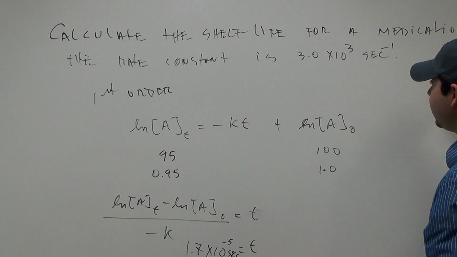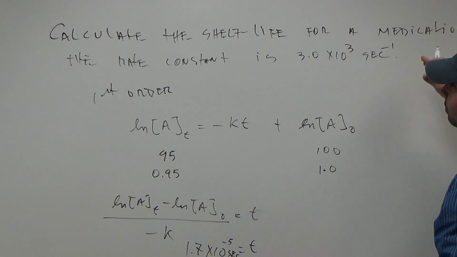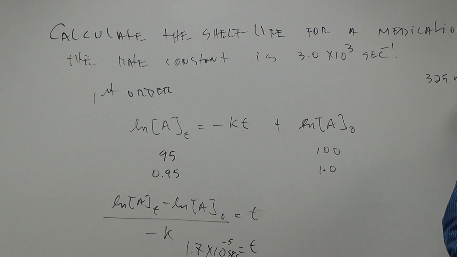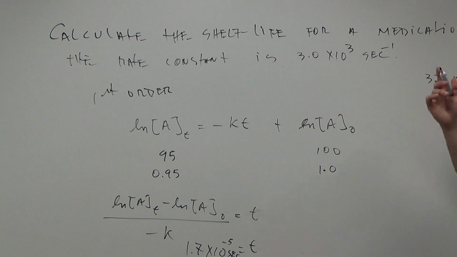Let's say I am calculating the shelf life for a medication that is a 325 milligram pill. I have to use 325 milligrams, yes or no? I have to use this number. I mean, I don't have to, because shelf life by definition is something, but let's say it's 325 milligrams, then this is the initial.